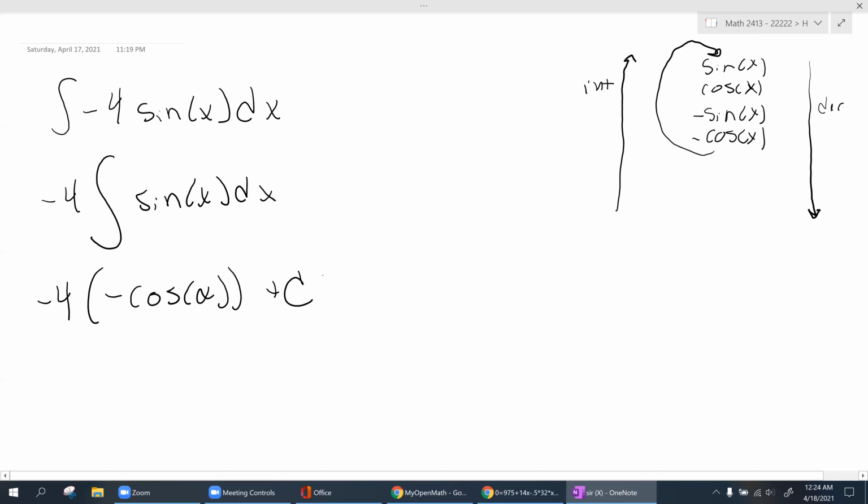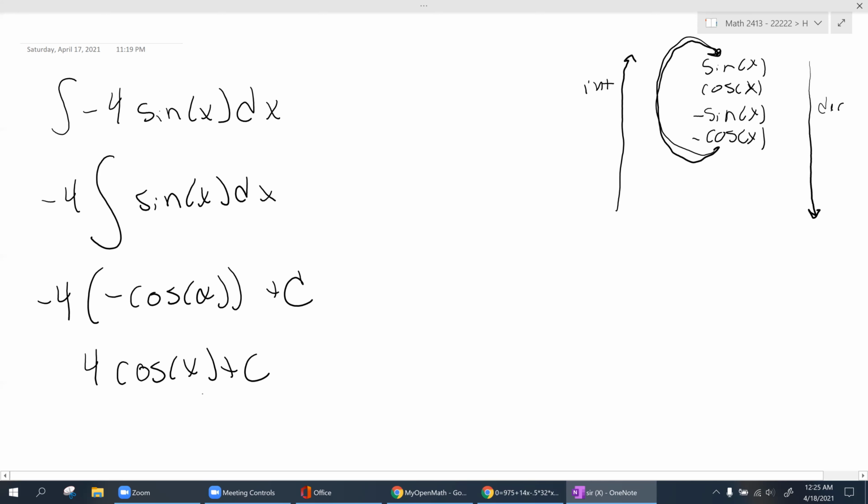And of course, if you don't believe me, you can go to sine here and find out, what gave you sine? Well, if you go back to the bottom, that's negative cosine. If you were to derive negative cosine, it gives you sine. And here I would distribute, so that means the integral is positive 4 cosine of x.